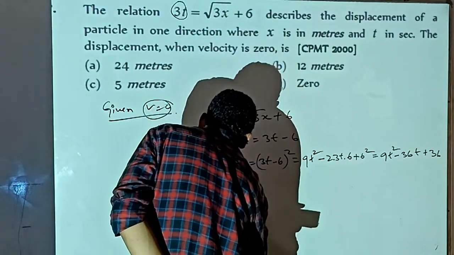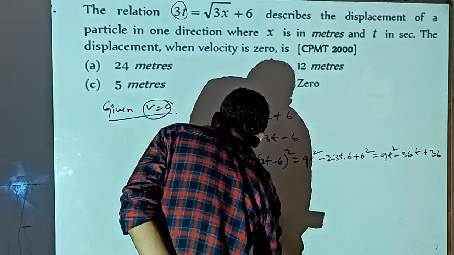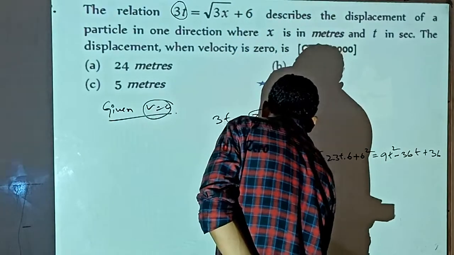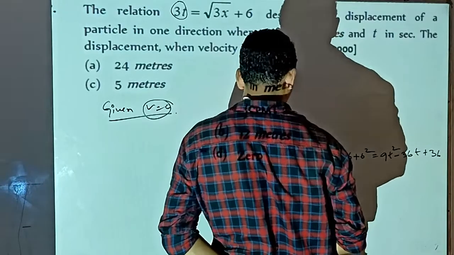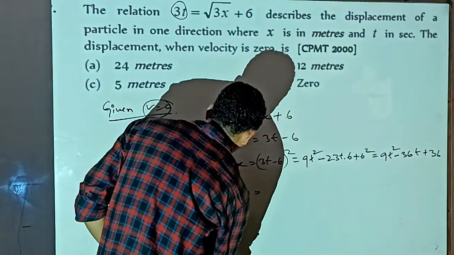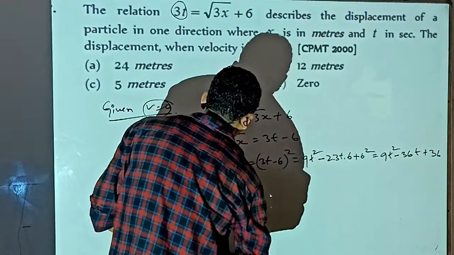we will have d/dx of 3x is equal to... not d/dx, it is d/dt, sorry.